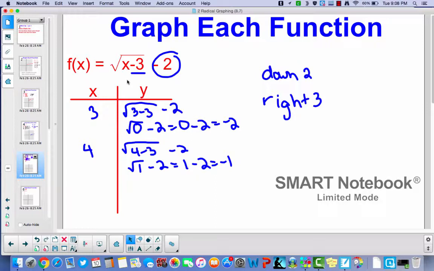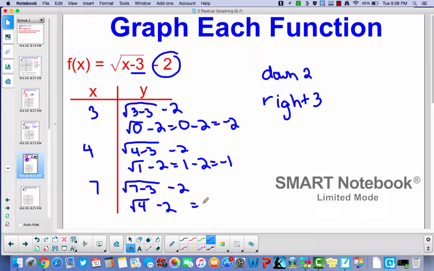The square root of 2 is not a nice, neat number, so we're going to skip over that. If I put a 6 in, that gives me a 3. So the next number I probably want to try is a 7, because 7 minus 3 is 4, which is a perfect square. So I get the square root of 7 minus 3, and then minus 2 outside. 7 minus 3 is 4. So I have the square root of 4 minus 2. But the square root of 4 is 2. 2 minus 2 is 0.